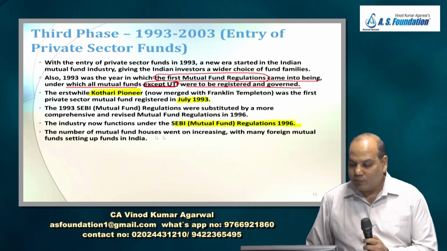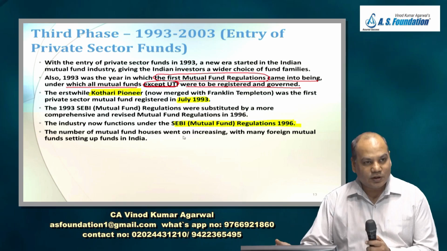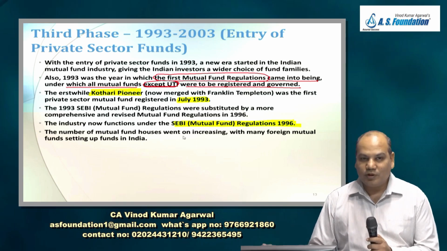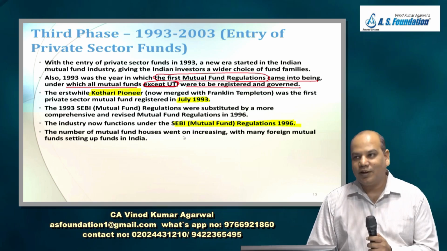The number of mutual fund houses went on increasing because now private sectors are allowed. So Tata Mutual Fund, Birla Mutual Fund, Reliance Mutual Fund, Axis Mutual Fund, HDFC Mutual Fund, ICICI Mutual Fund, Kotak.